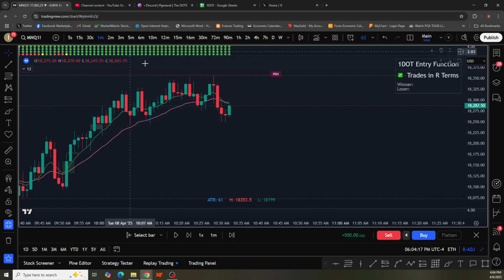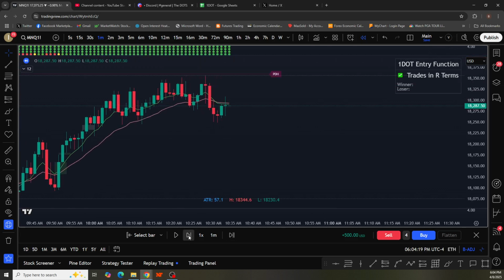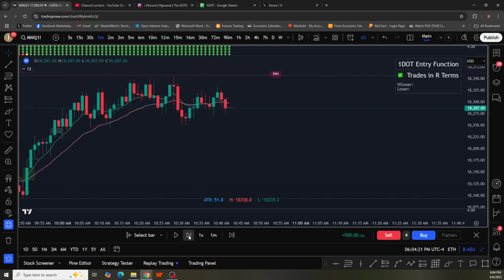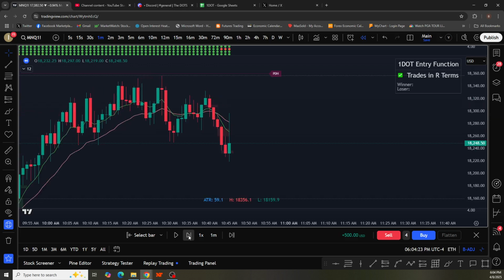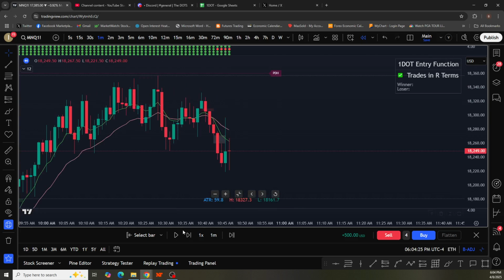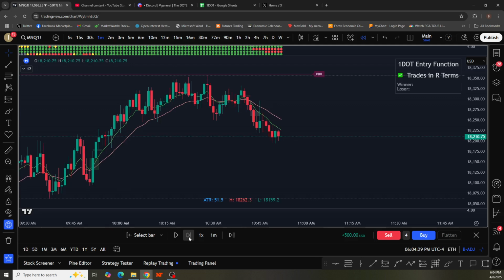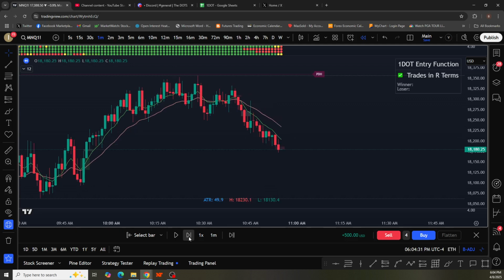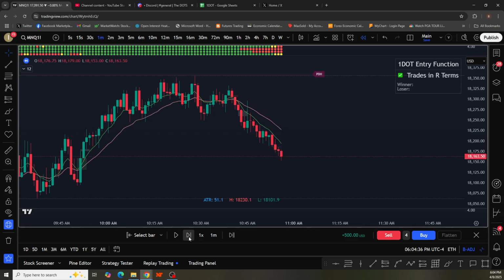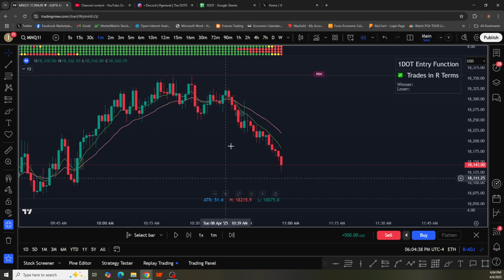So dots are all green. So green bias means short-term price action is expected to be higher. Okay, so the dots get mixed. When the dots get mixed, I expect chop. So this is, again, blindly doing the one dot entry function with no consideration for anything else.